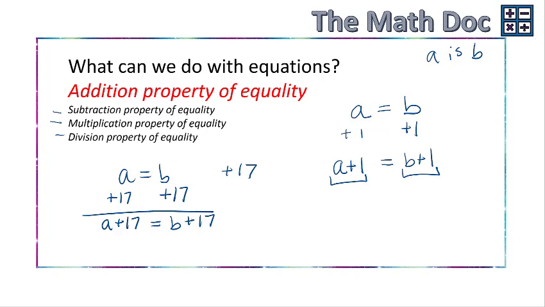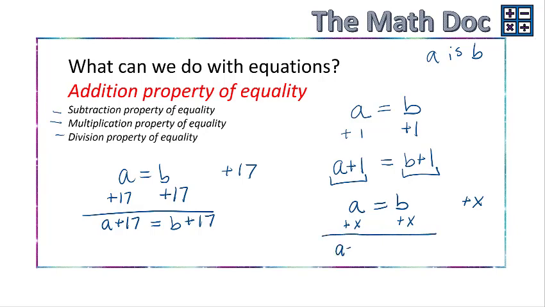We can also add a variable, okay? We'll do that here. Again, we have A equals B. And now I'm going to say, oh, I want to add something, but I'm not quite sure yet what. I'm going to call it X. I'm going to add X to this side, and I'm going to add X to this side so that both sides stay equal.